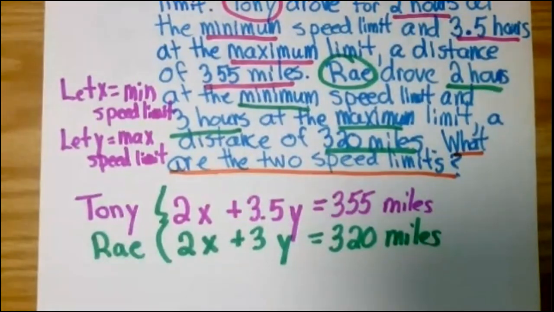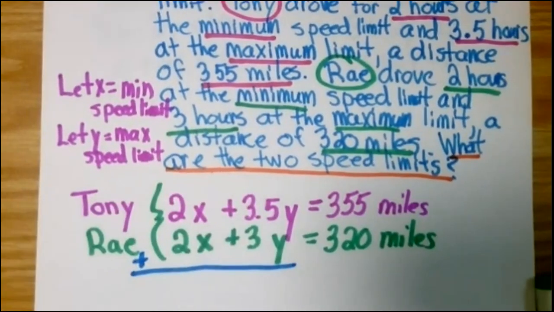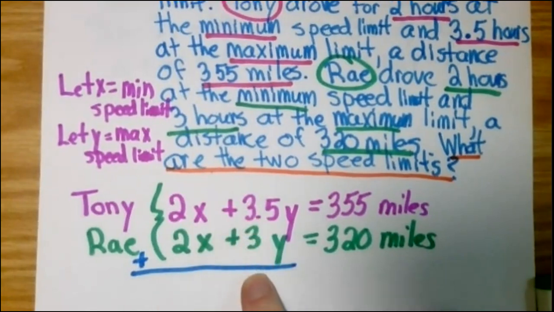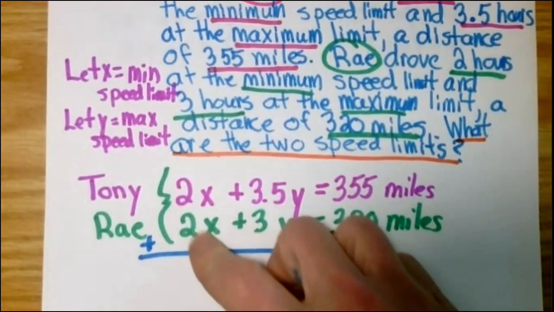We are to add these together, but if you notice, we have a problem. 2x plus 2x is going to give us 4x. 3.5 and 3 is going to give us 6.5. We're not eliminating any x or y, so we have to eliminate something. Since they're both 2's, I'm going to eliminate one of these.